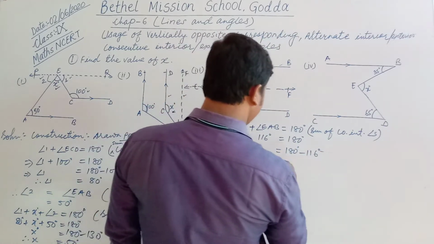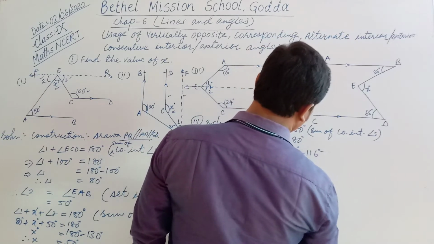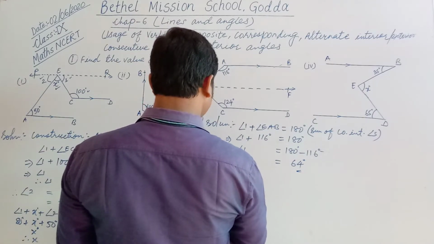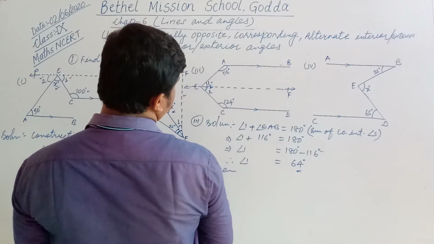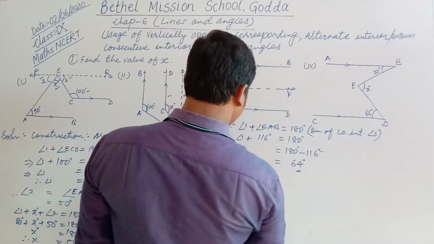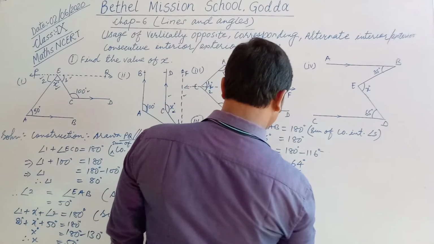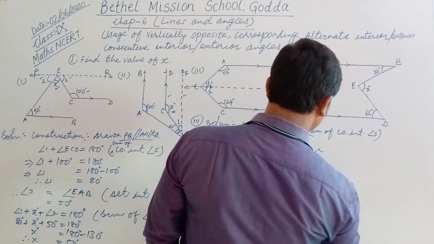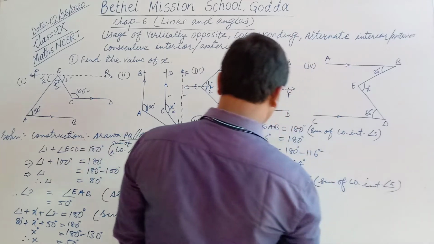Therefore, angle 1 equal to 64 degrees. Again, EF parallel to CD and EC is a transversal. So the same property will be used here. Angle 2 plus angle ECD equal to 180 degrees, and that is sum of co-interior angles.